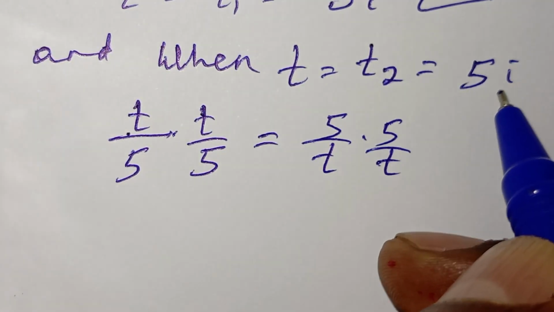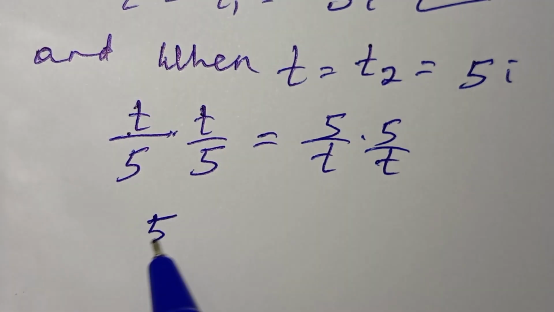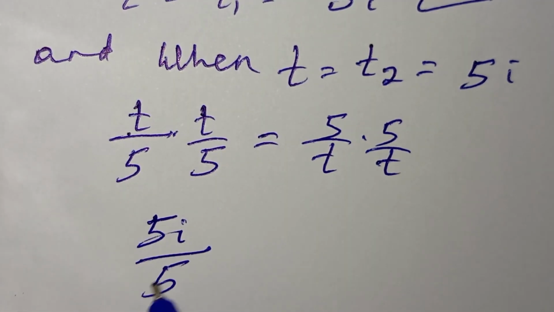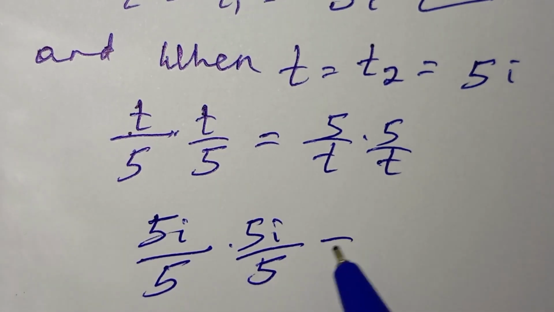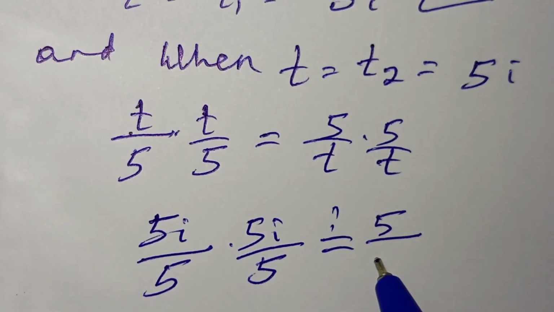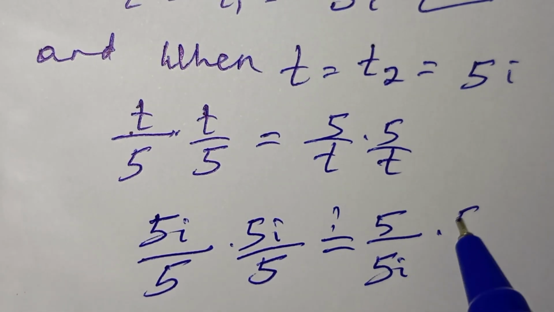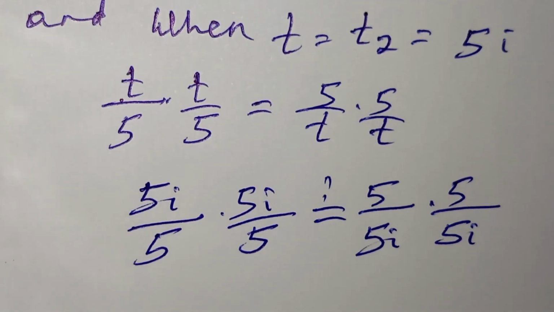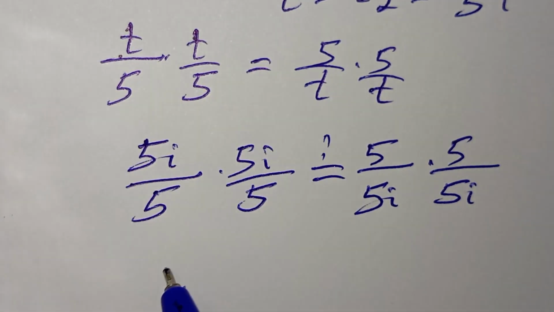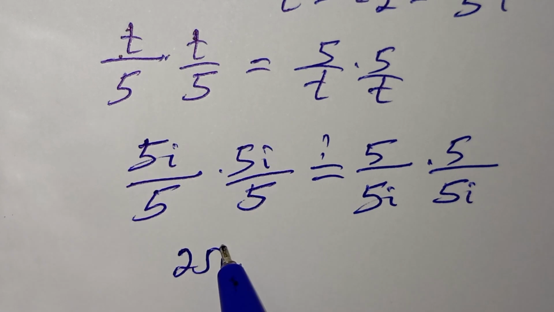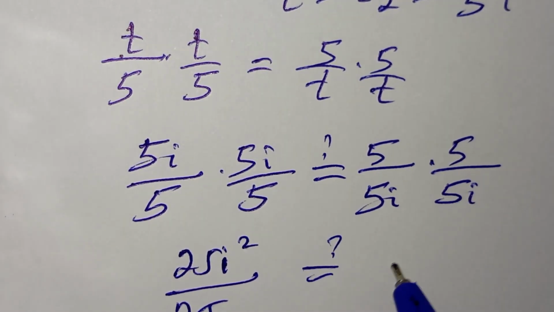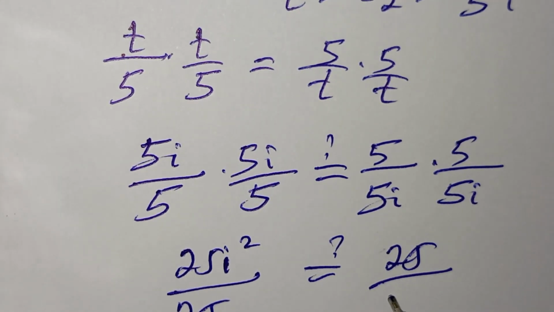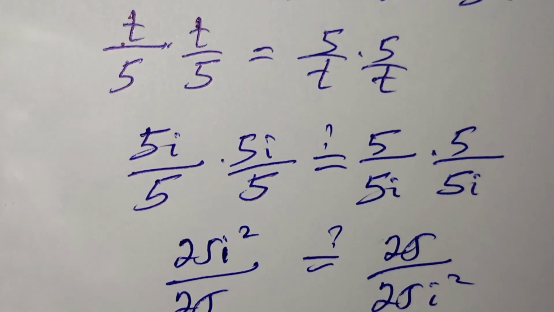So 5i over 5 times 5i over 5, is it equal to 5 over 5i times 5 over 5i? 5 times 5 is 25 i squared over 25, is it equal to 25 over 5 times 5i, 25 i squared?